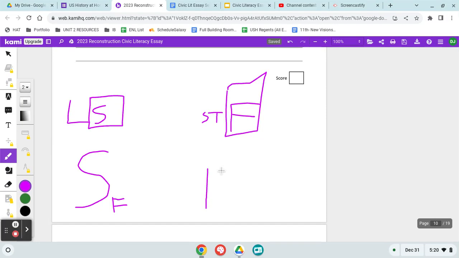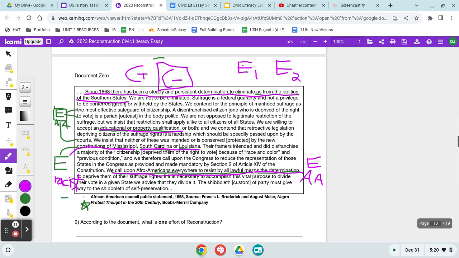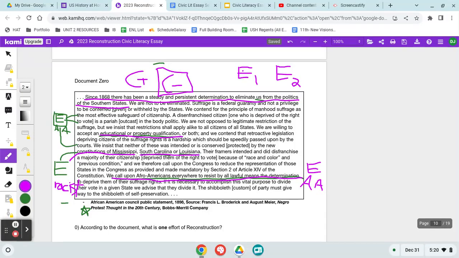Or, on the other hand, most of this document contains a failure, but there's also a little bit of success in here. If I was labeling this document and I was going to use it for my impact paragraph, I'd probably label this document on the whole as failures of Reconstruction, or at least failed efforts to enfranchise minority voters.